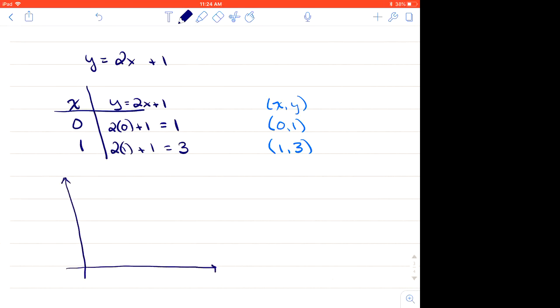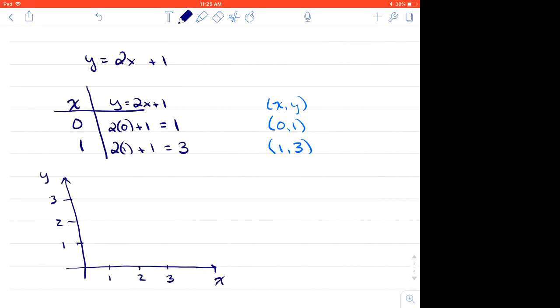Because for my 2 points, my y goes as high as 3, so I have to have room for at least 3 if I'm using a line for each unit, 1, 2, 3. And I'll make them kind of the same, 1, 2, 3.